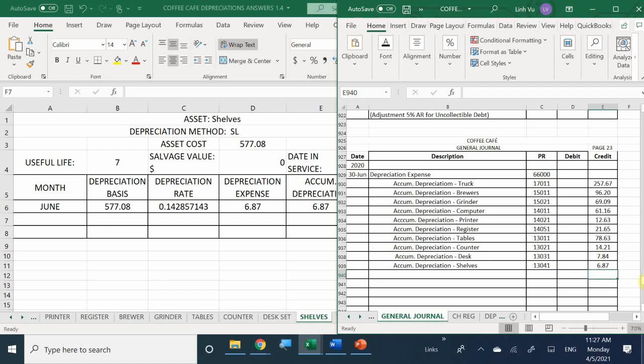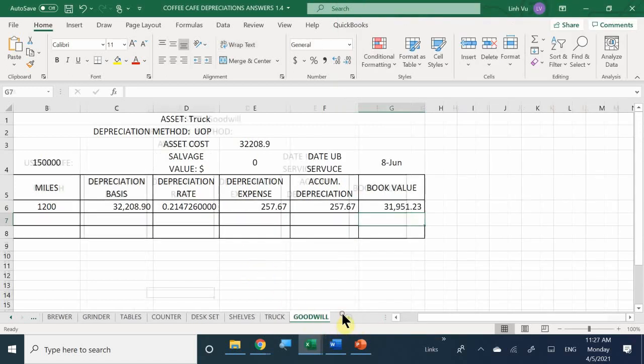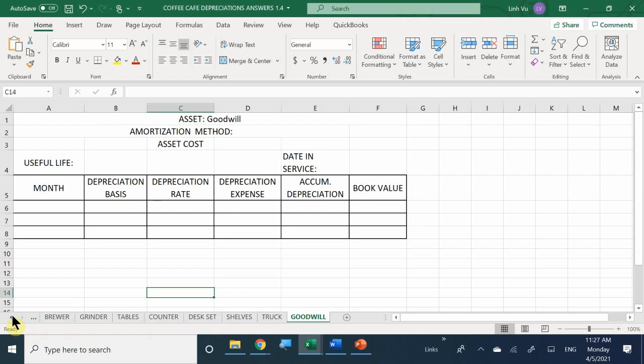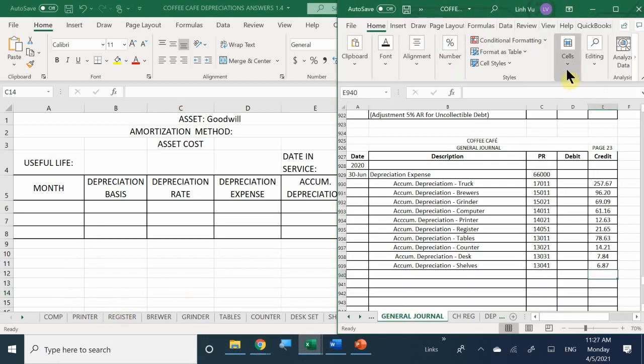Okay, so there we are. We have all of those depreciation tables. We're completely done with every single one. We did every single one of them from the computer all the way down to the display shelves and the truck. So let's tally up our total so we know how much depreciation expense we are dealing with. If you'd like, go ahead and do equals sum.